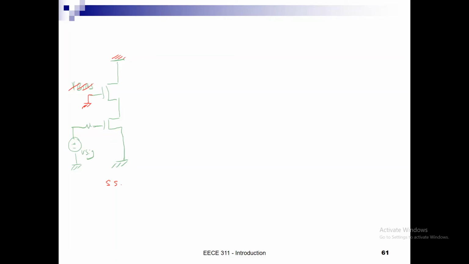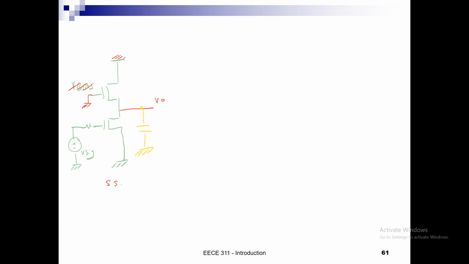And let us say that I have VO here. Let us assume that we have a load capacitance C load sitting here at the output, and that this is the only capacitor, and I am asking you about the 3 dB frequency.